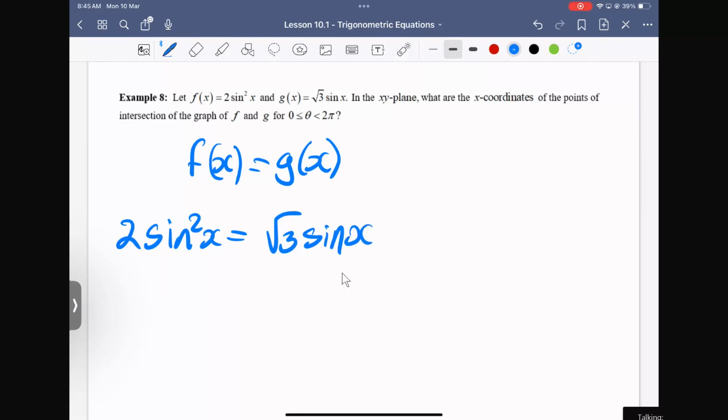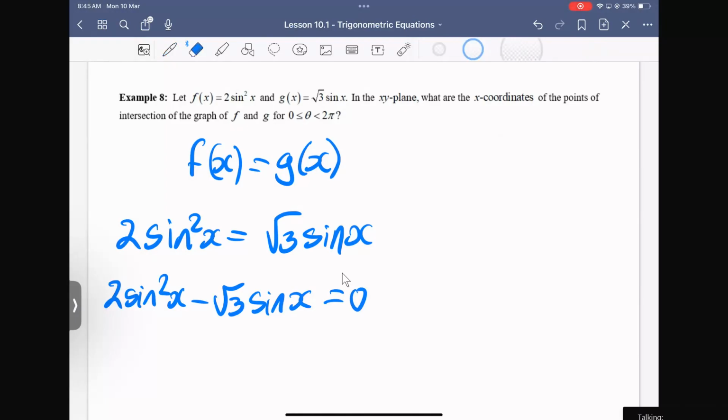So moving it across, we get 2 sine squared x minus root 3 sine x equals 0. And then factoring, what should we factor out? We can only really factor out the sine x on this one. So this gives us sine x times 2 sine x minus root 3 equals 0.